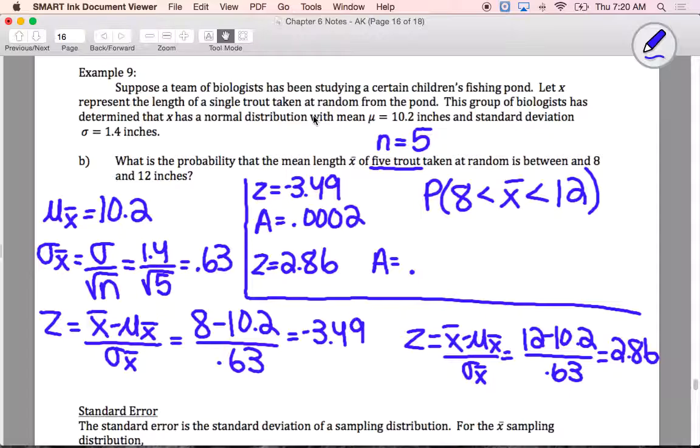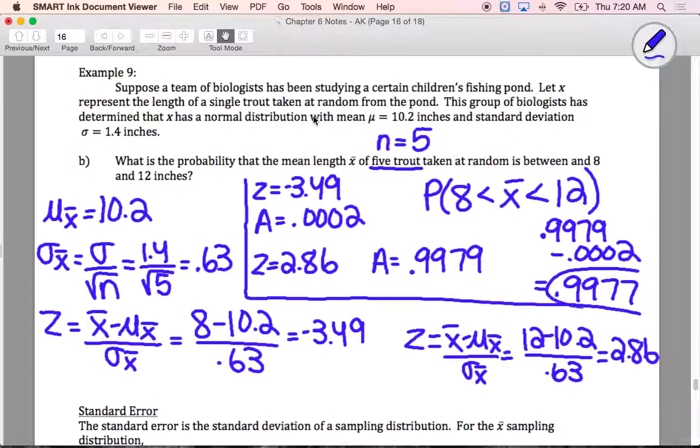So 0.9979. So we want to subtract those two numbers then. When I subtract them, I get 0.9977.